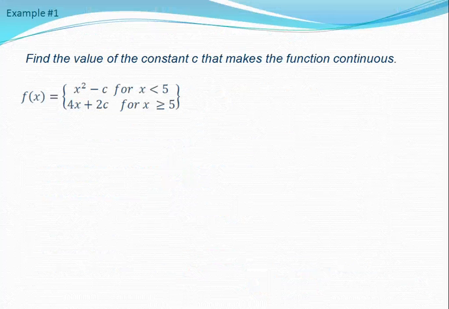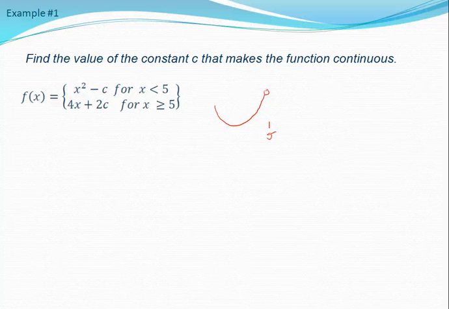In our first example, we want to find the value of c that will make this function continuous. It's a piecewise function made of a quadratic and a linear equation. The quadratic is not allowed to have the value of 5 in its domain. It takes all of the values from negative infinity up to 5, but not including 5.